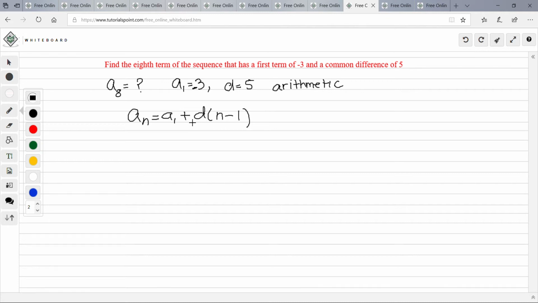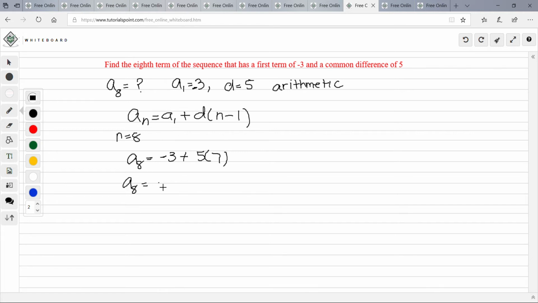So let's use n equals 8, because we want to find the 8th term. So a8, we know the first term is -3. We know the difference is 5. And then 8 minus 1 is 7, right? Because we're using n equals 8.